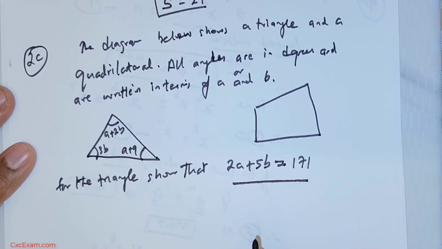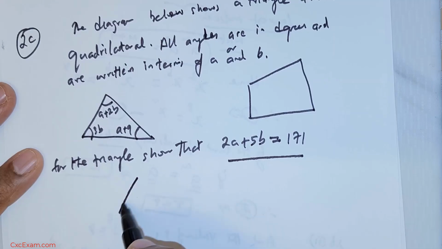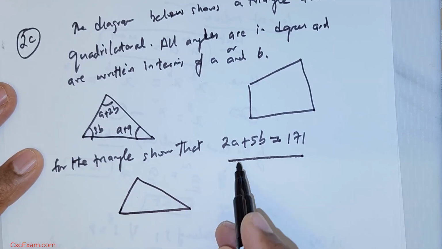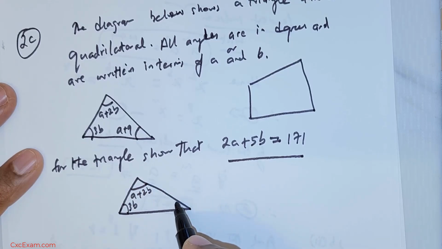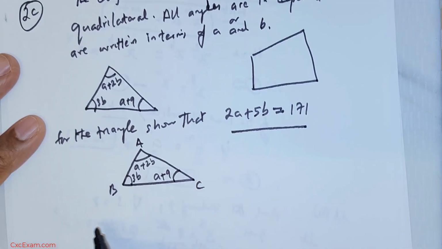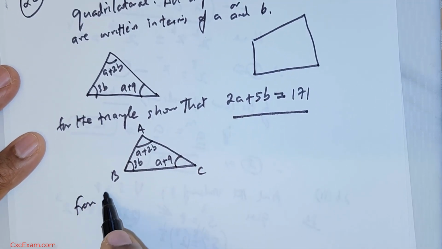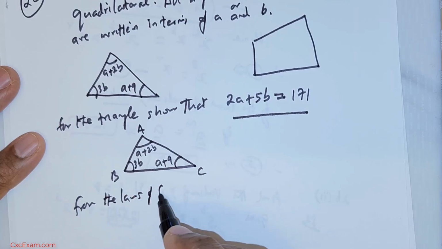Okay, so let me answer this question first. So you have 3b and a positive 2b and you have a positive 9. So let me name it as a, b and c. So this is a solution from geometry, or from the laws of geometry.